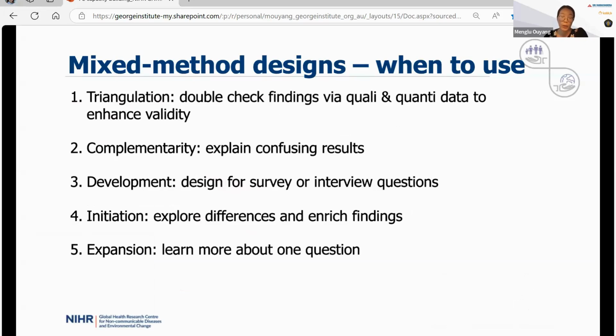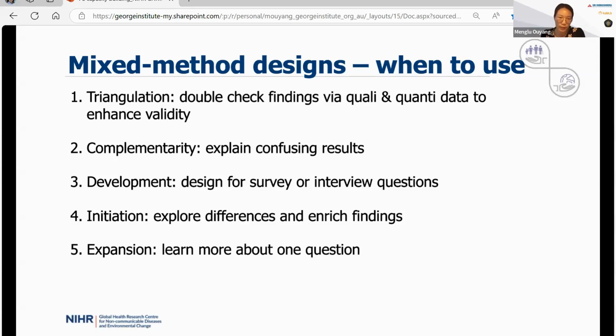It will also help us explain confusing results, especially the numbers or risk ratios from the stats, to explain more from a human perspective about who, how, and why we reached those kinds of outcomes. It also helps develop the design for survey or interview questions, which I will talk you through in later slides.